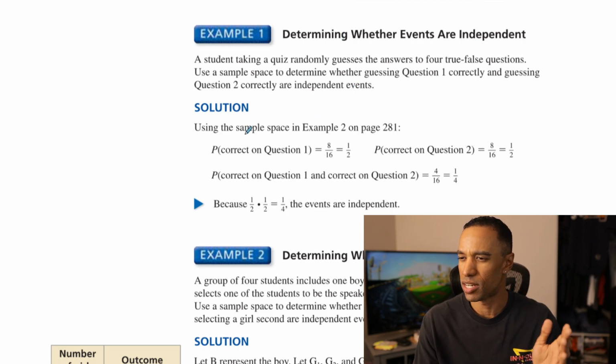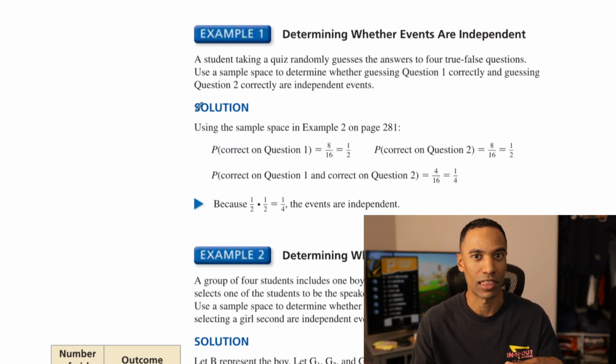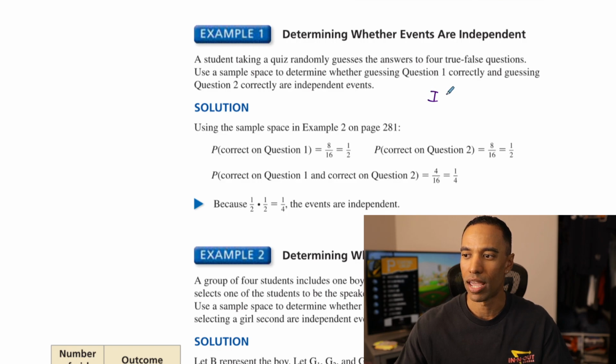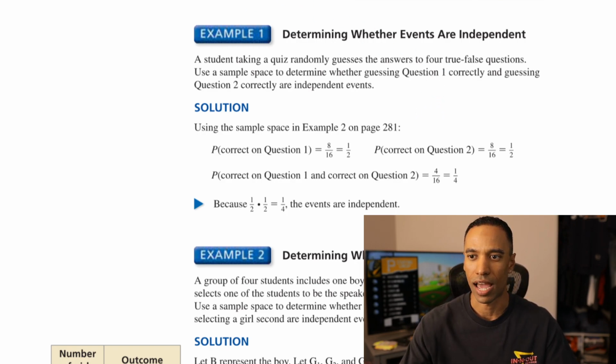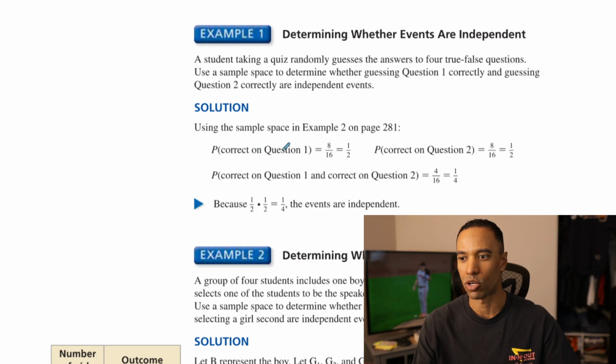Using the sample space in example 2 on page 281, I have no idea where that thing is. Oh, I remember that we did that though. If you recall, there was the whole 4 incorrect versus 1 correct, this kind of spelling thing. You'd have to check out section 5.1 on that. But it's kind of that same layout of a question, but now that we're talking about the independent-dependent thing here. Basically, the probability of getting something correct on question 1 was 8 out of 16.